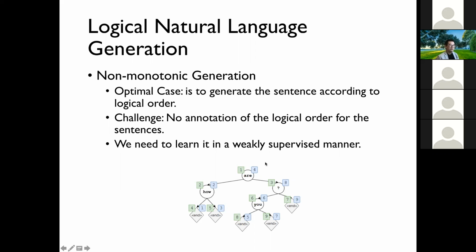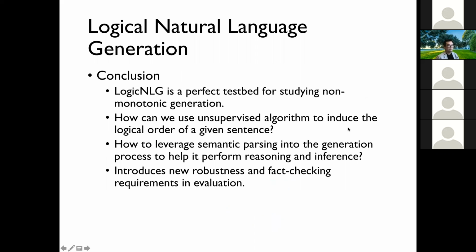Of course, logical steps are hard, because you have to get people to do the annotation. Otherwise, it's also difficult to train this kind of model. But one solution is to look at a weakly supervised manner, where you have a pair of question and answers, but maybe you'll be able to find out the generative process in non-monotonic generation.